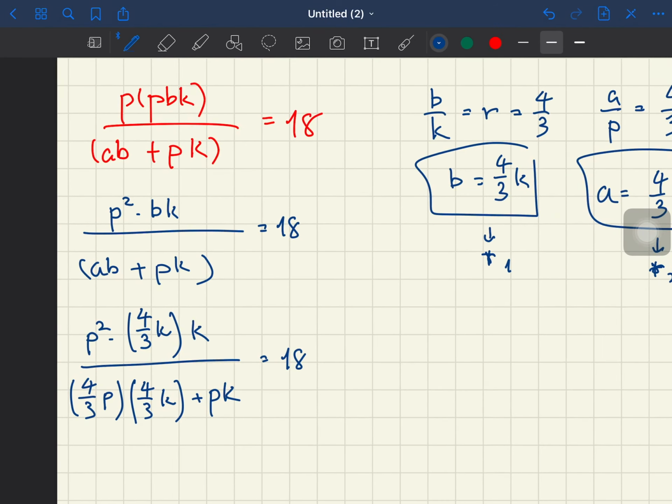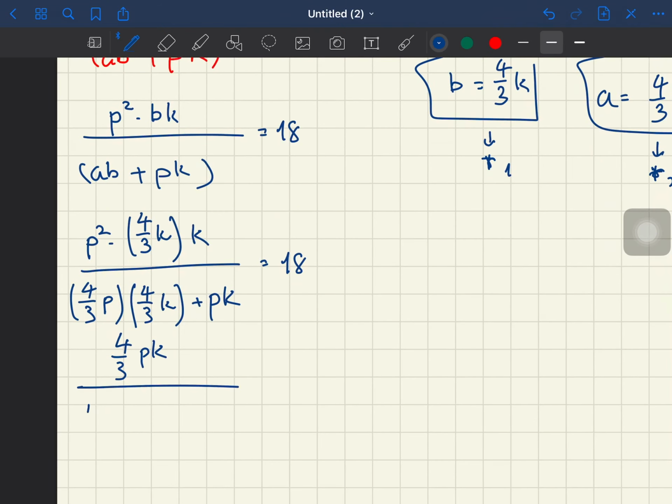And so I realized that I can cancel pk from the top. Well, if you look at p squared times k squared, you have pk times pk. And so you can cancel pk on the top. And then here, this expression has a common factor of pk. And I can just cancel them, resulting in 4/3 pk on the top. And then here, (4/3) squared plus 1 equals to 18.